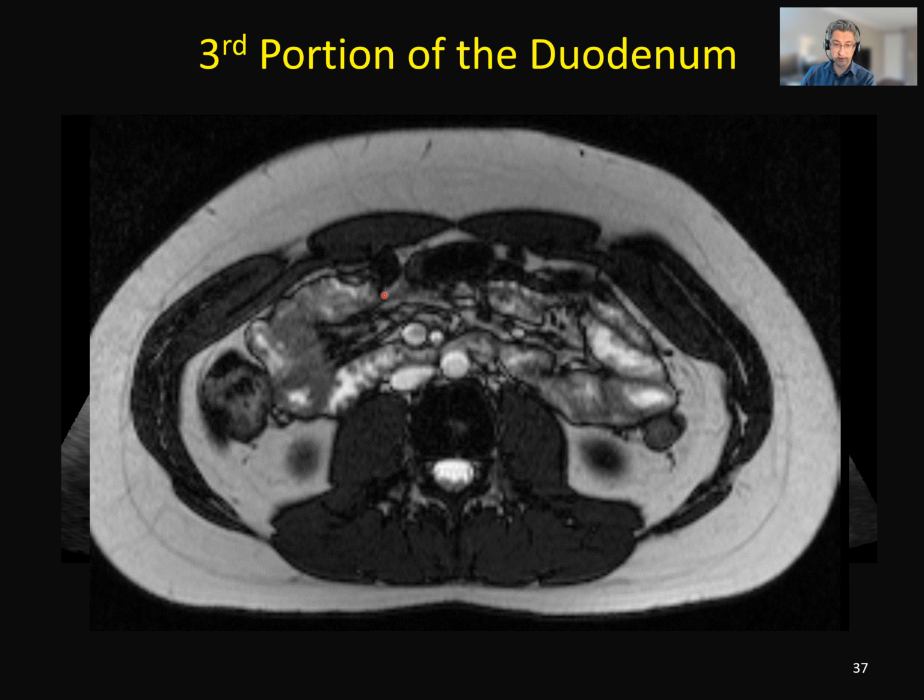So how accurate is this? Doppler ultrasound is about 70% accurate. If the SMV is at the same position as the SMA, then it's even lower. If you see this third portion of the duodenum, how accurate is this?